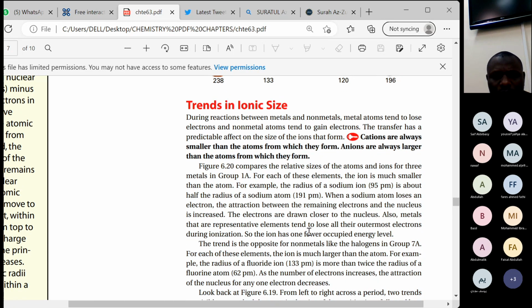Figure 6 compares the relative size of the atoms and ions for three metals in group 1A. For each of these elements, the ion is much smaller than the atom. For example, the radius of the sodium ion, 95 pm, is about half the radius of the sodium atom, 191 pm. When a sodium atom loses an electron, the attraction between the remaining electrons and the nucleus is increased.